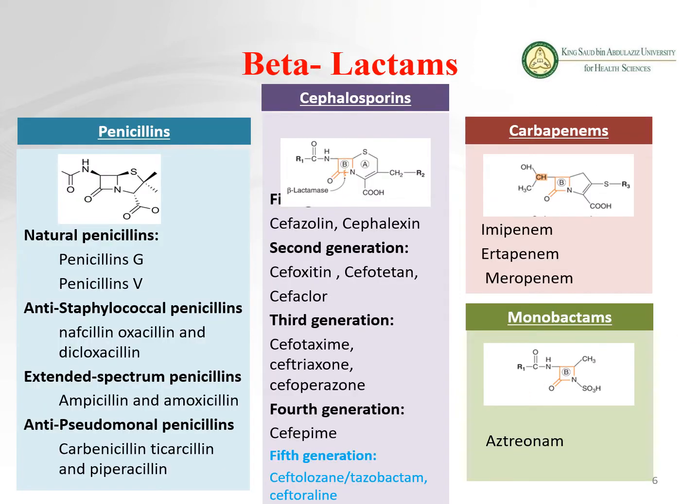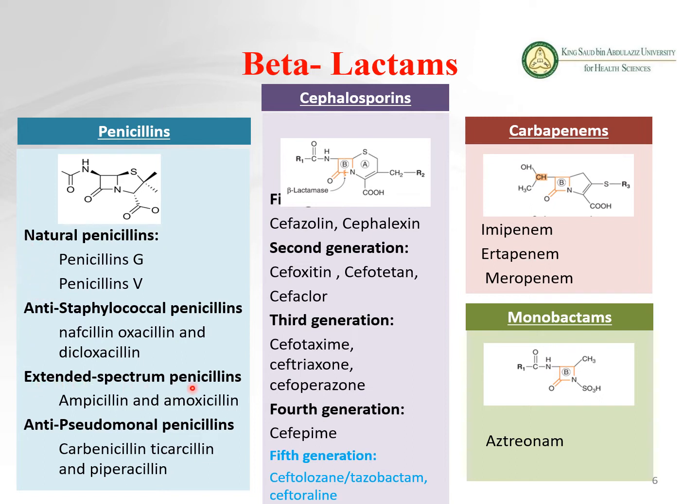This is the classification of beta-lactams, and you can see that penicillins, cephalosporins, carbapenems, and monobactams are the main classes of these beta-lactams, which are further classified into subclasses. Penicillins are subclassified into natural penicillins and anti-staphylococcal penicillins, which are effective only against Staphylococcus. Natural penicillins have a short half-life.